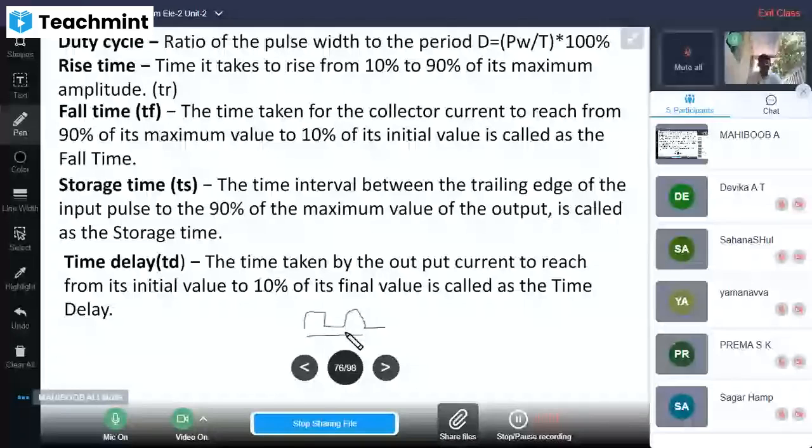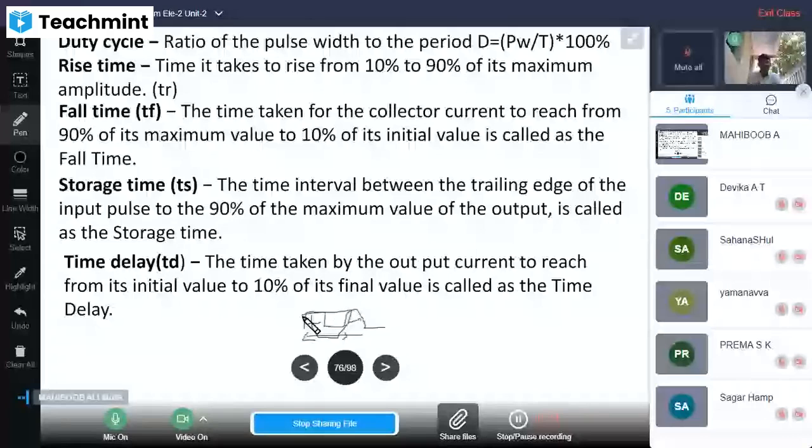Duty cycle is the ratio of the width of any one of the pulses divided by the total period, on plus off, into 100%.